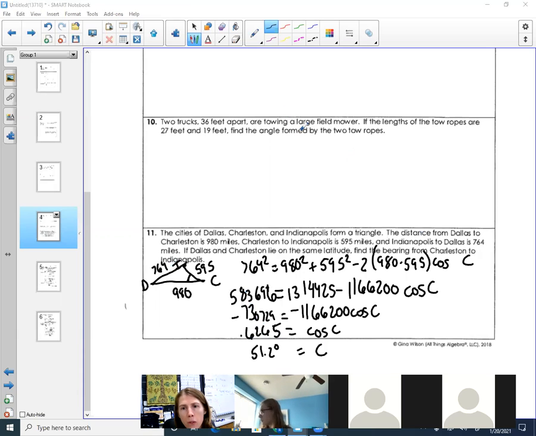Okay, now this part wasn't bad, but this is not your answer. The reason why is we're talking about direction. I'm going to put a line up here, in a different color just to help see it. This is my line for north, because I went north from Charleston up to Indianapolis.